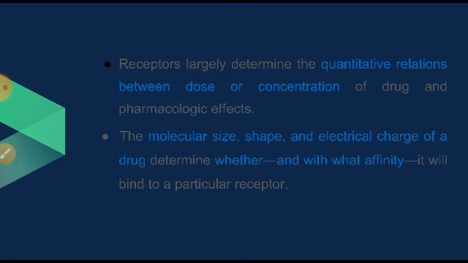That's why it's very important to study the drug molecule before finalizing a formulation, and that determines whether and with what affinity it will bind to a particular receptor. So by that you are defining how tightly it is going to bind with the receptor. It's going to be reversible or irreversible, and whichever way it's going to bind, you define that beforehand, right.